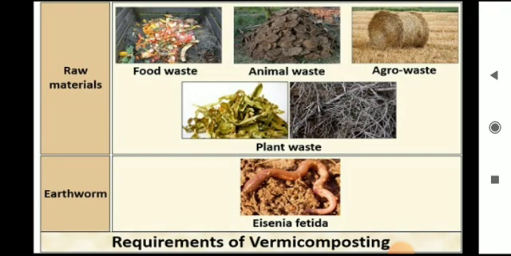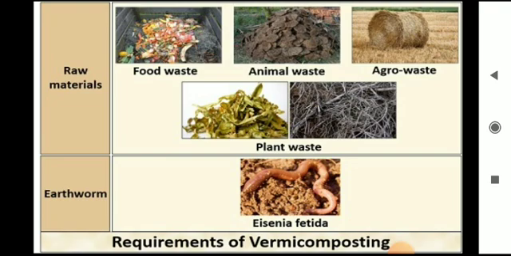And the process of making compost with the help of earthworms is known as vermicomposting. I'm repeating, listen to me carefully. Compost is decomposed organic matter. And the process of making compost with the help of earthworms is known as vermicomposting.